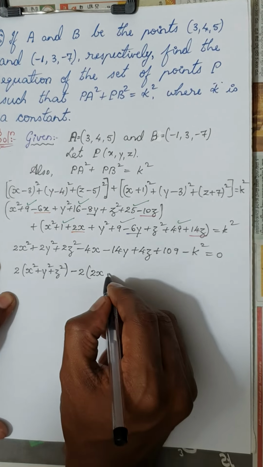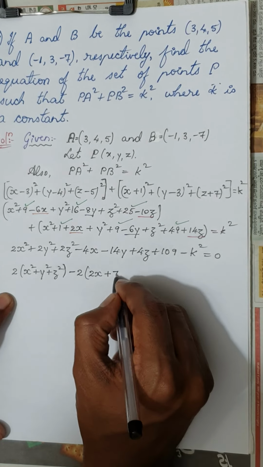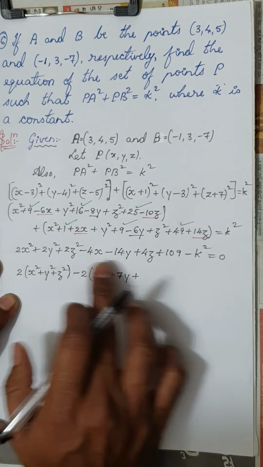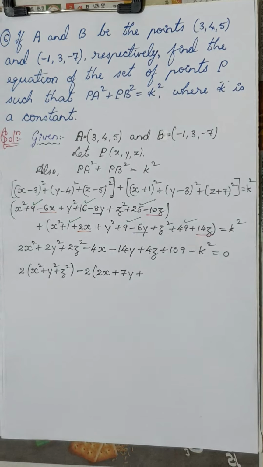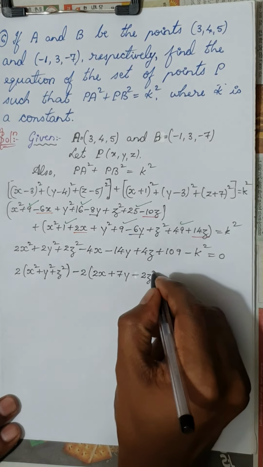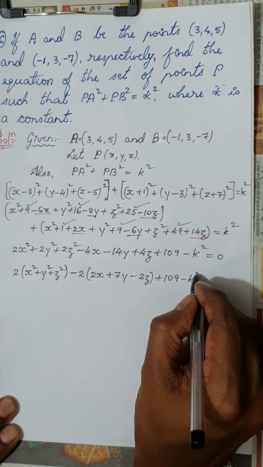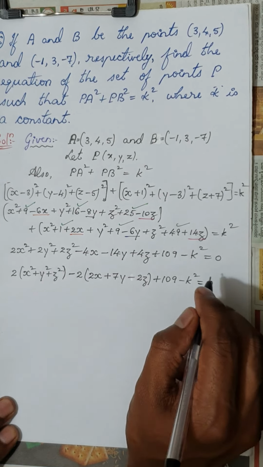Plus into minus into plus is minus, so 2 7s are 14y. And here it is plus, because minus of minus will give me plus. Since 2 is taken common, you'll get 2z, plus 109 as it is, minus k square, this is equal to 0. Okay, so this is the final result.